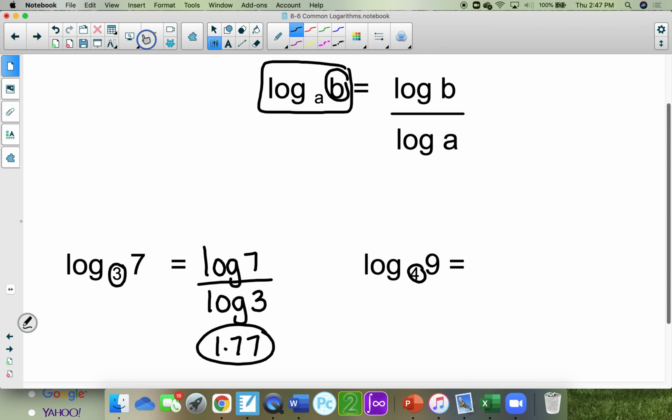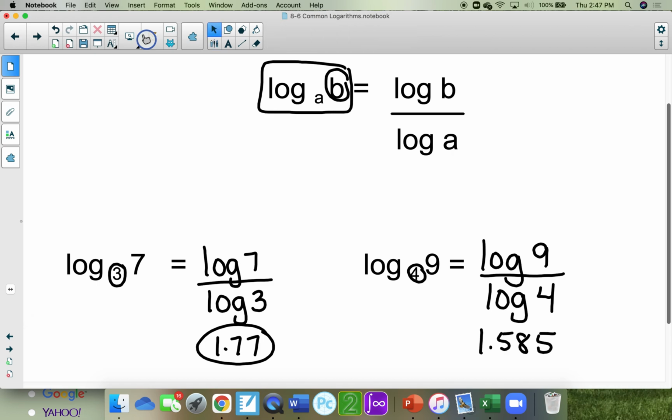Do you see this on the ACT? It's just the log of 9 over the log of 4, which is 1.585. Final answer. And that's all the notes for 8.6. Definitely use your calculator on every problem.